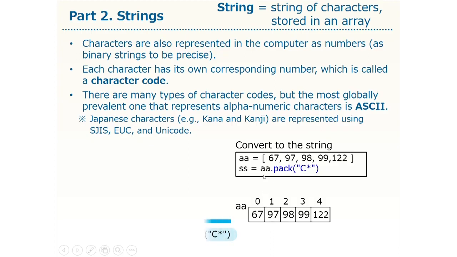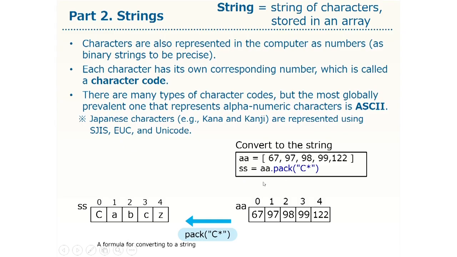Then, by the next line, the sequence of numbers in the array aa is transformed to the corresponding sequence of characters, and then it is stored into the array str. In this example, CabcZ is obtained and stored into the array ss. Here, the name of the array followed by .pack("C*") is a command to transform each number in the array to the corresponding character. Again, please consider it as a set expression.